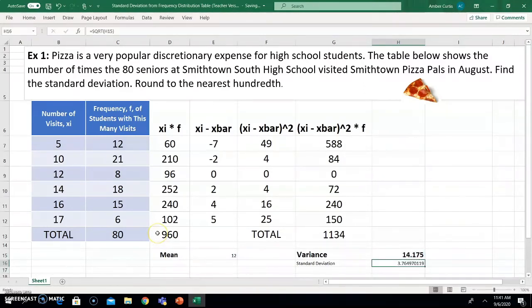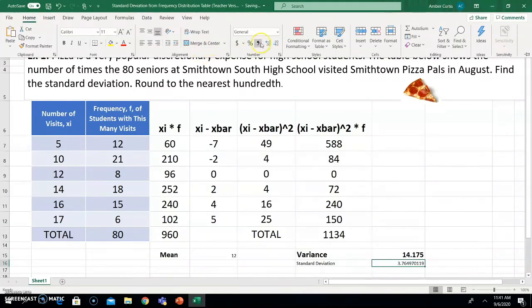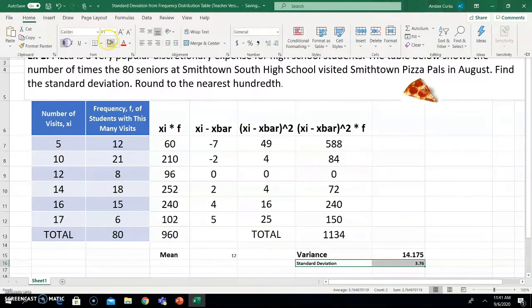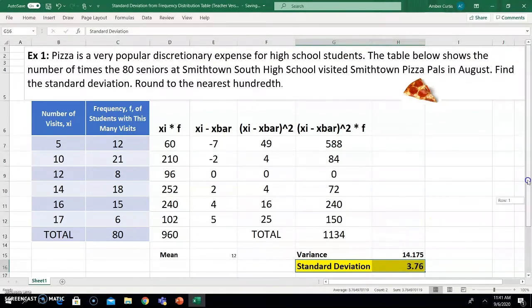Now, I really only want the standard deviation out to 2 decimal places, or the hundredths place, so I'm going to decrease that place value. And I can see here that the standard deviation is 3.76, which answers our question.